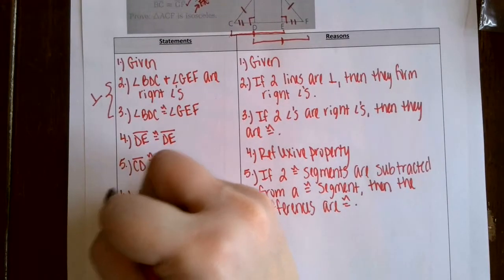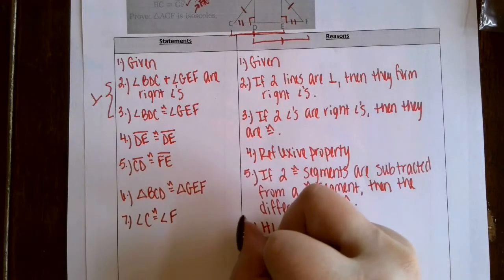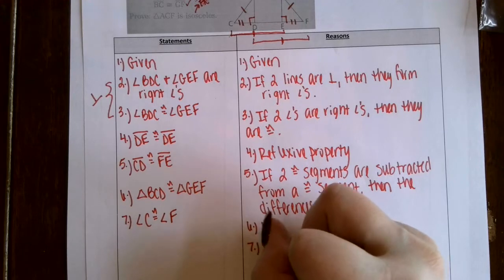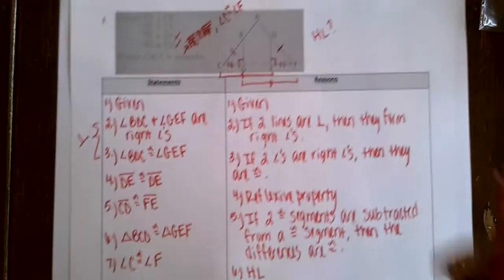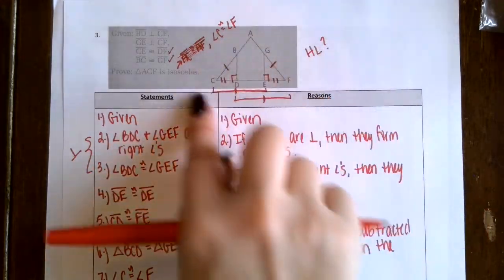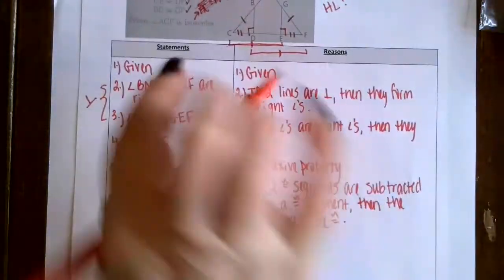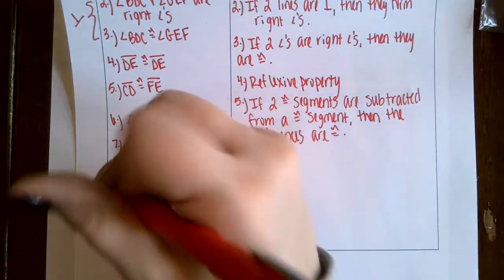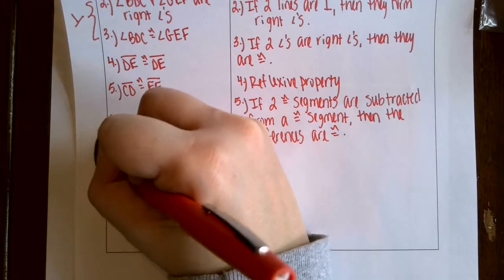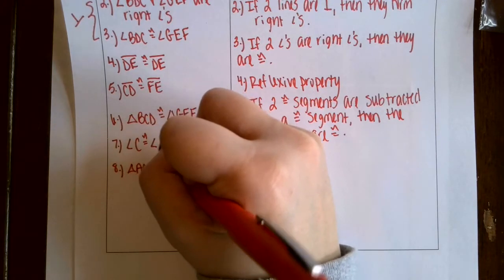So I'm going to say angle C is congruent to angle F by CPCTC. And again, if I know these base angles are congruent, that would make the whole big triangle isosceles. So this would be my last statement. So notice I'm not ending with CPCTC necessarily. So triangle ACF is isosceles.